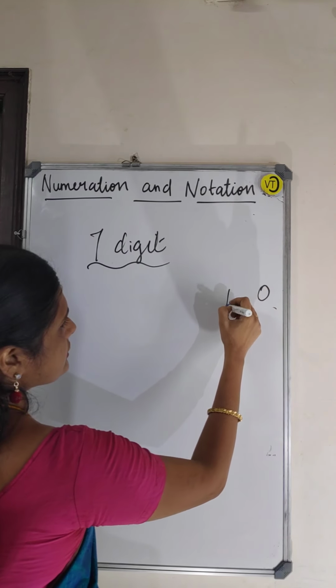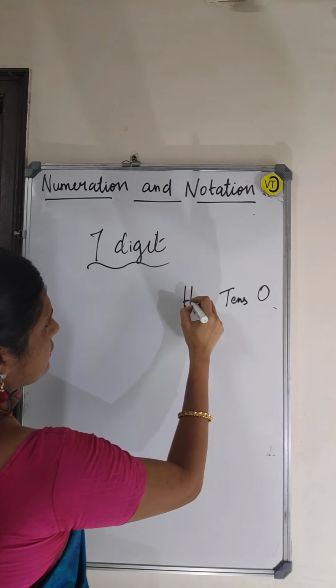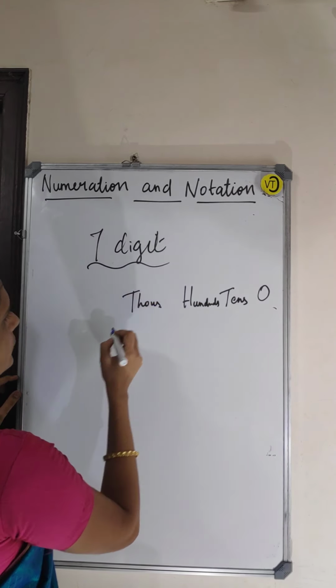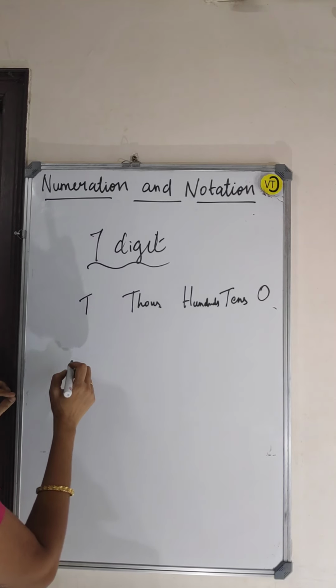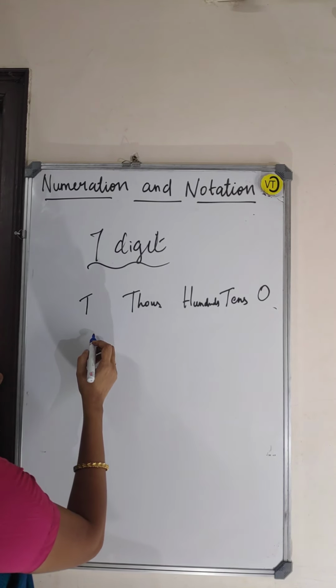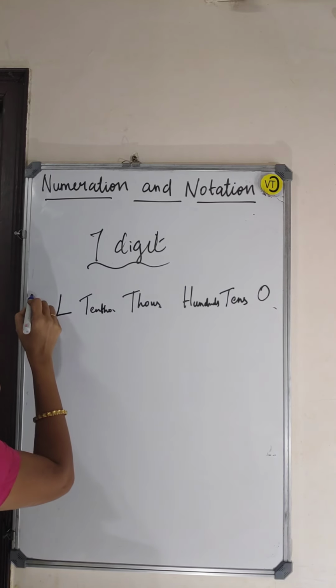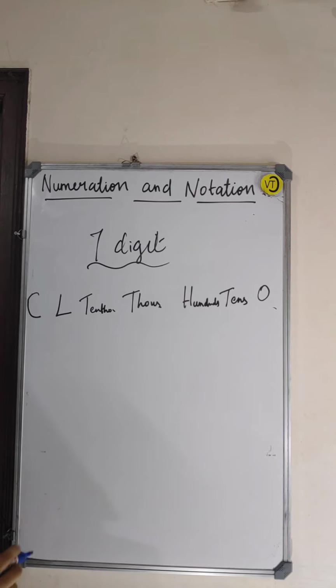How can I do the place value here now? Here ones, tens, hundreds, thousands, 10,000s, lakhs, 10 lakhs, crores.